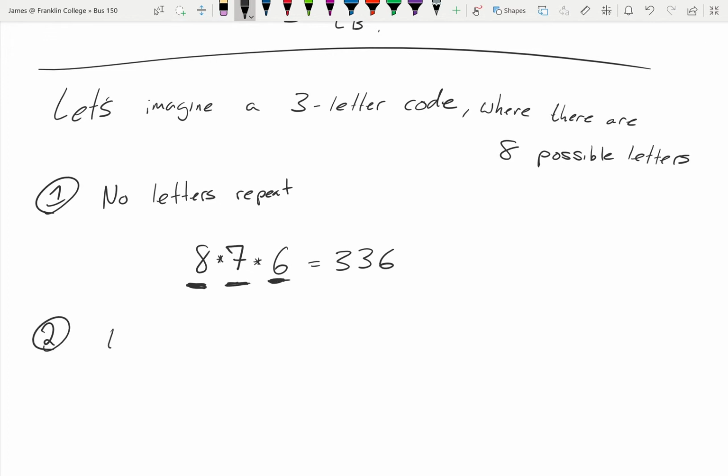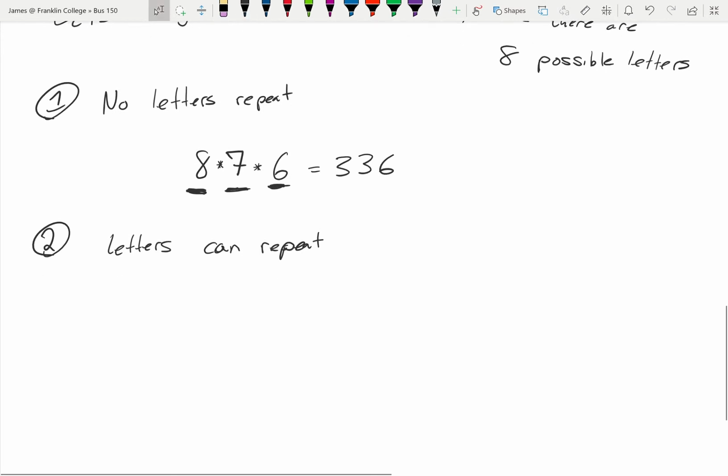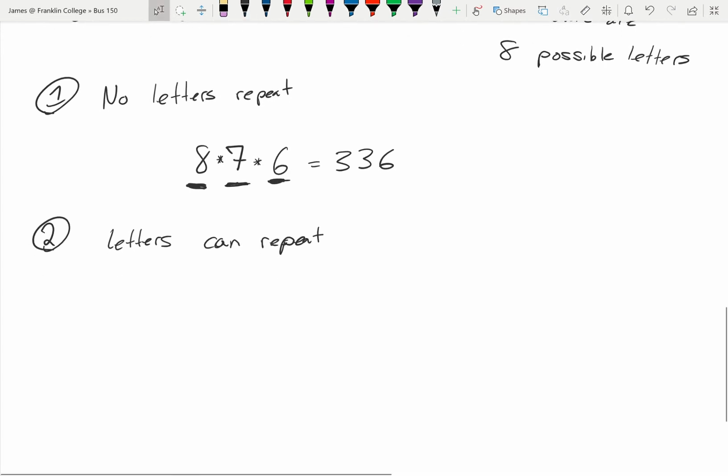2. Let's think about the example where letters are allowed to repeat. So in this case, the code AAA is available to us because the letters are allowed to repeat. So once again, let's think about this in terms of what's available each time. So for the very first letter, how many letters are available to us? There are 8 letters available to us.